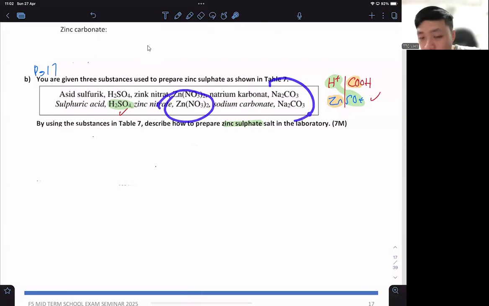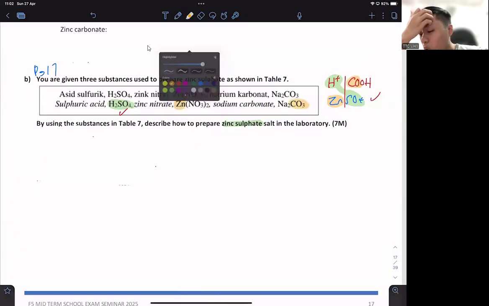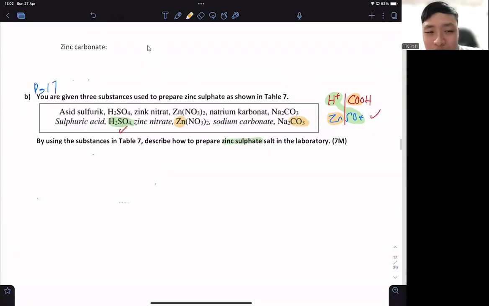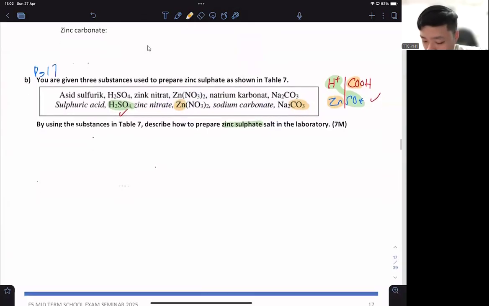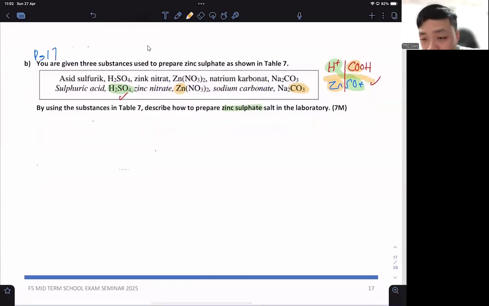What do you think you get if you add them together, like zinc and carbonate? Isn't it you get zinc carbonate? So the first step is not to prepare zinc sulfate first. First step is to prepare the zinc carbonate first.